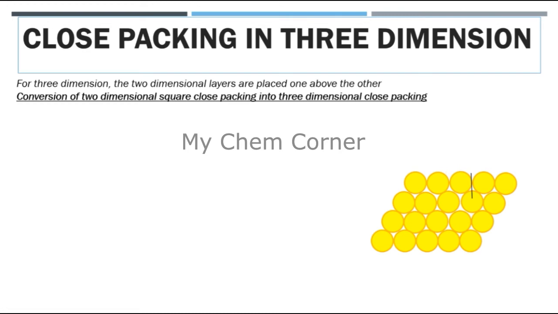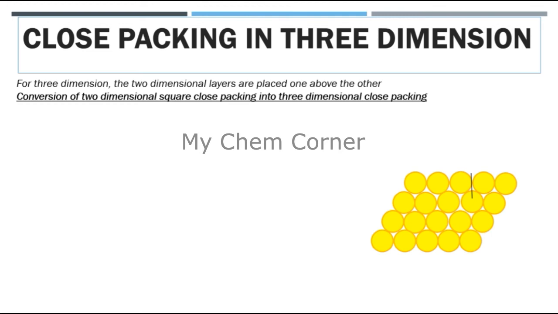If I take an arrangement that's physically present in front of me and slant it, this is the type of arrangement I will get, right? If I just push it from here and try to make it straight, it will be a proper square close packing. So I've just slanted it to show you all a 3-dimensional shape, so it's easy to understand.